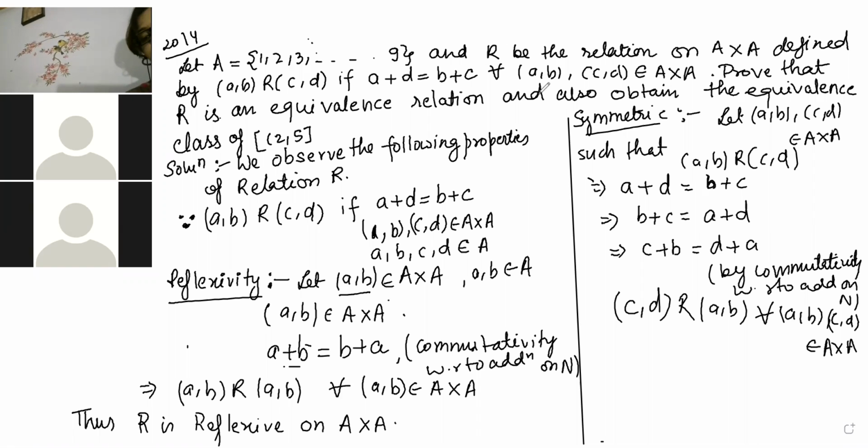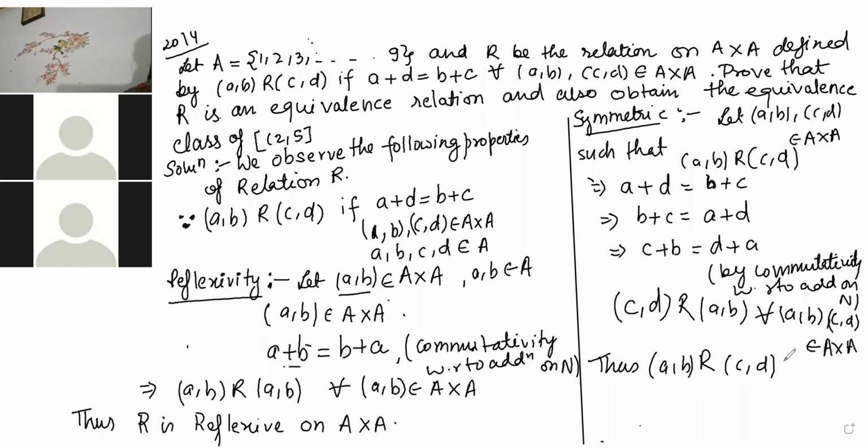So now the final statement we have to write, that is, thus we will say AB is related to CD. Thus AB is related to CD.